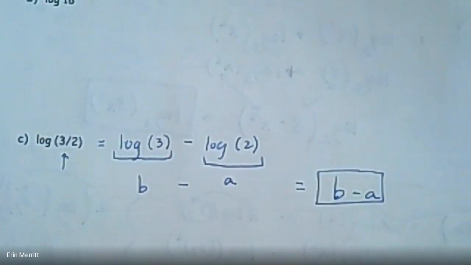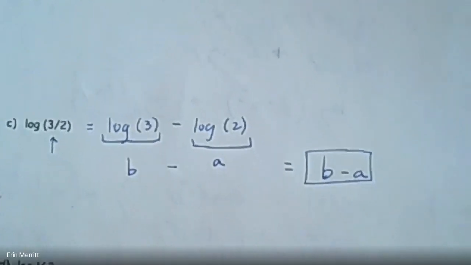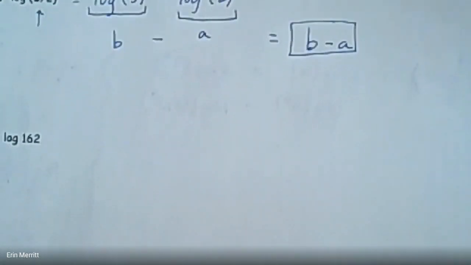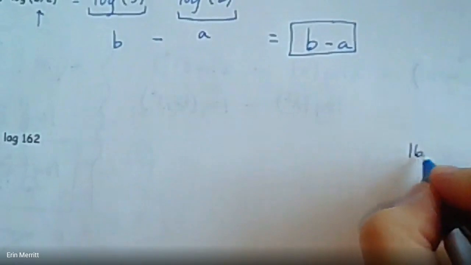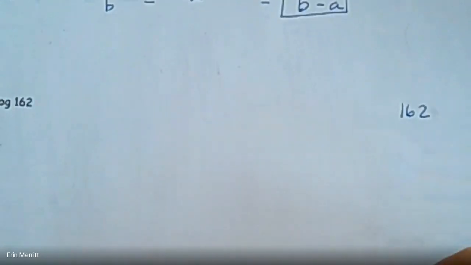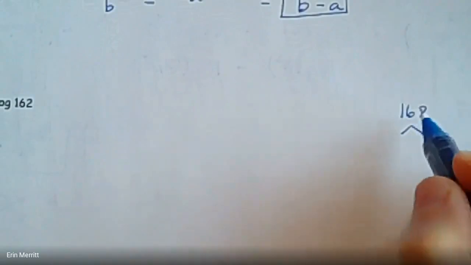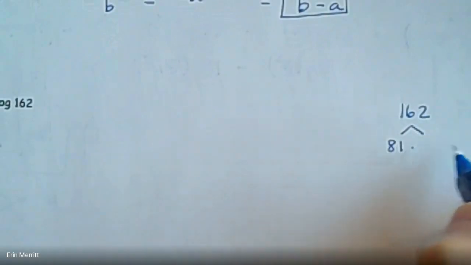As for one that's maybe a little bit trickier, right? Let's take a look at 162, this last one down here. If I take 162 and just start factoring, all right, if you think of anything that goes into 162, some of you might recognize, hey, that's 81 times 2 because it's even, it's divisible by 2.